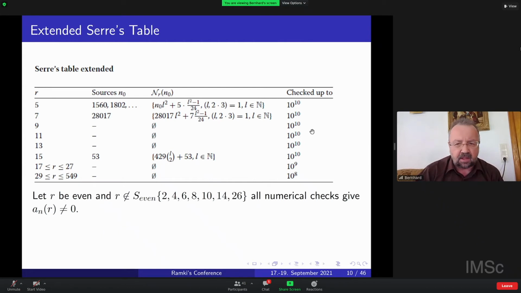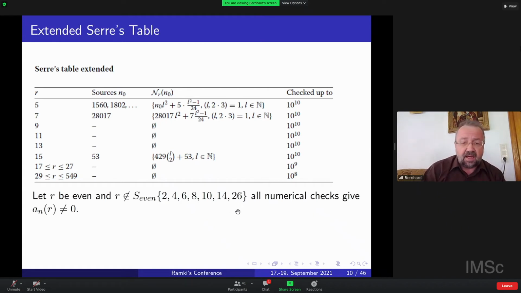We even went to 10 to the power of 11, and we found out until now that only these Serre numbers, where we have lacunarity, lead to vanishing of coefficients, and for all other powers, there's no single case known where we have vanishing. That means the Lehmer conjecture, which first was motivated and spelled out for the Ramanujan tau function, seems to be true or could be conjectured for all other powers.